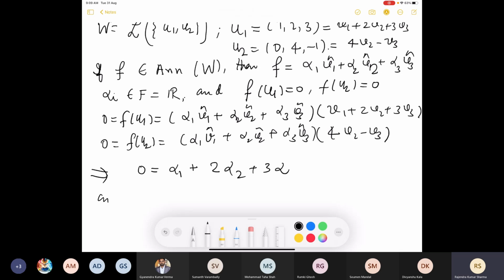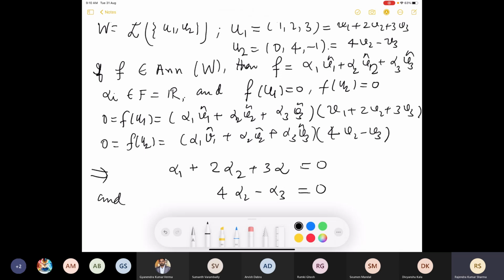The second, f(U2) equal to 0, will give me 4 alpha 2 minus alpha 3 equal to 0. When we write equations, it doesn't look nice to write them on the left, so you should write them on the right. So this is equal to 0, this is also equal to 0. You have got this system of equations.